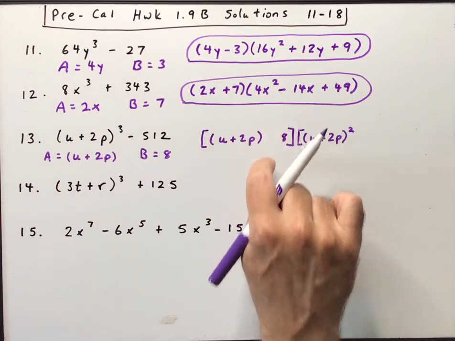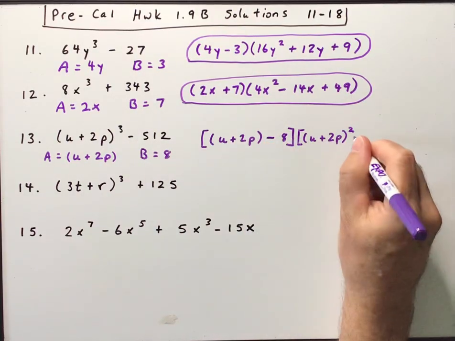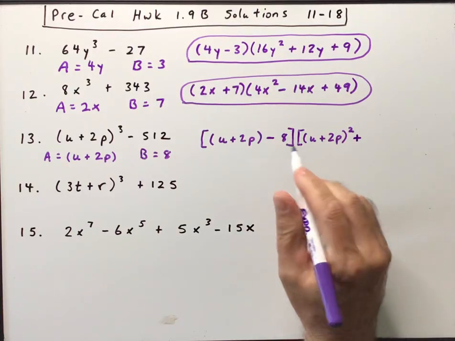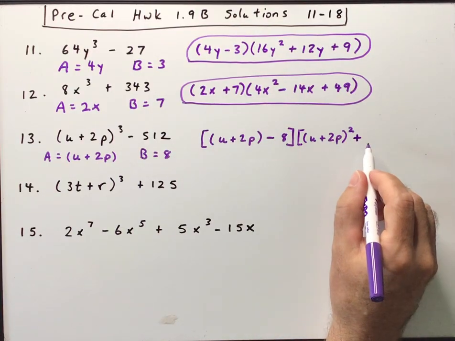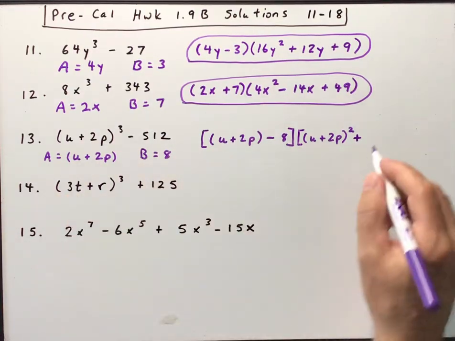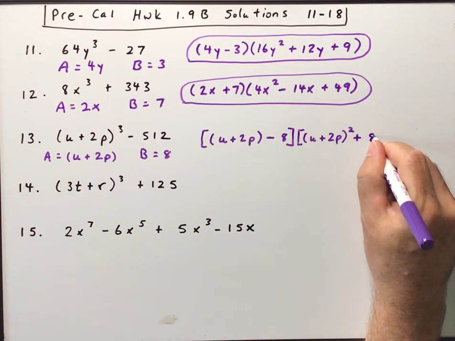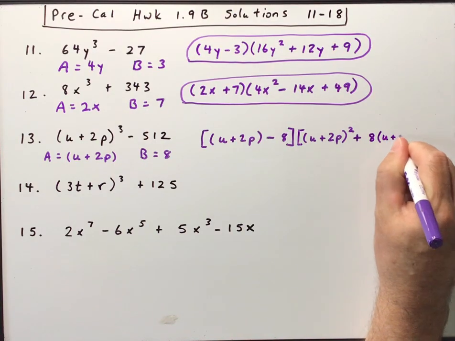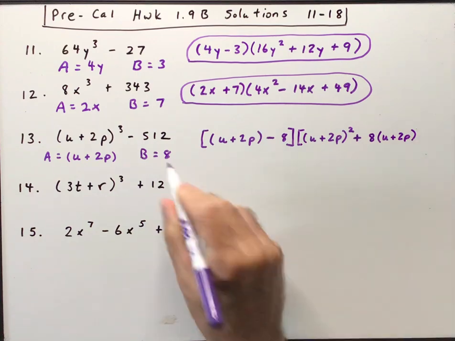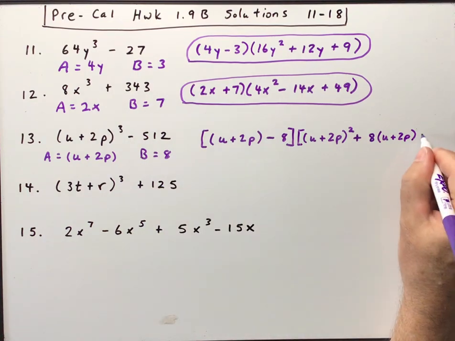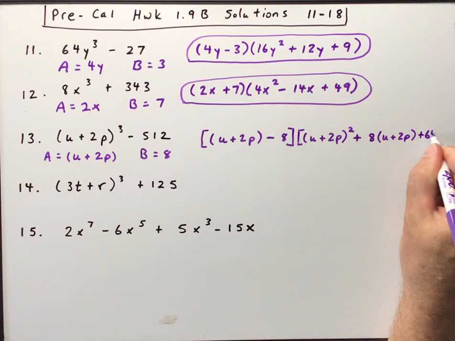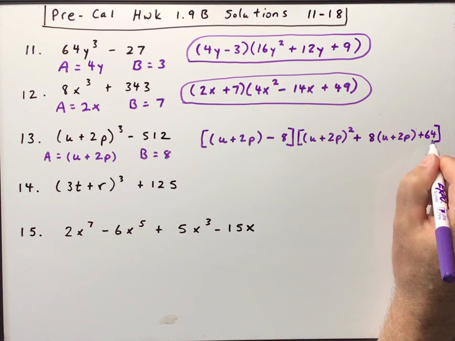I apologize, that's a minus. So it'll be a plus here, and then it would be plus a times b, so 8 times u plus 2p, and then 8 squared is 64, so plus 64. All right.